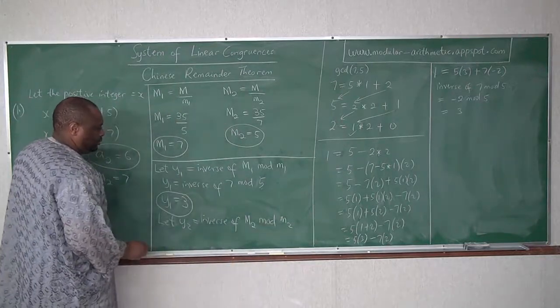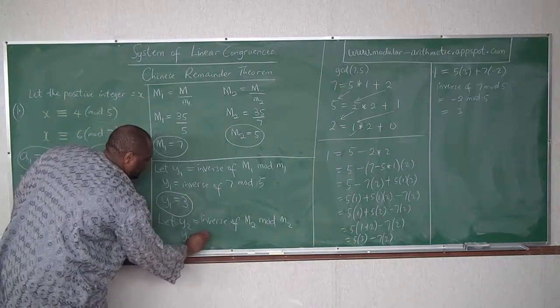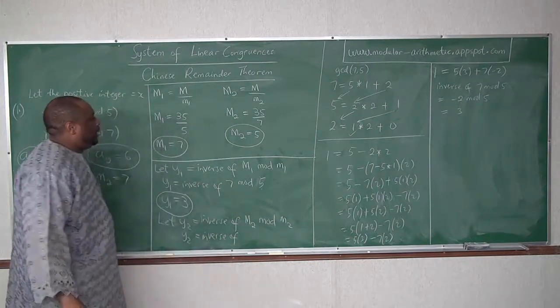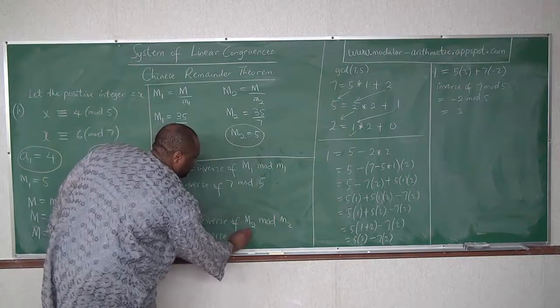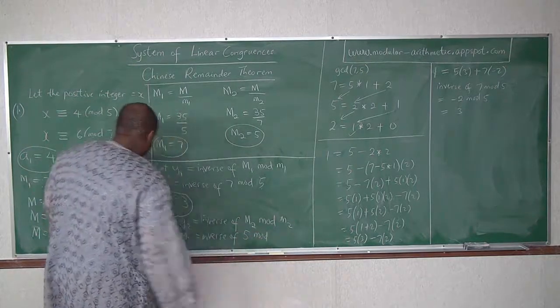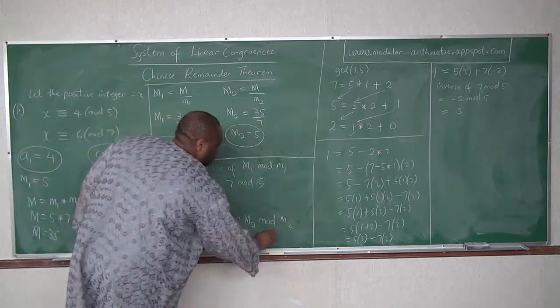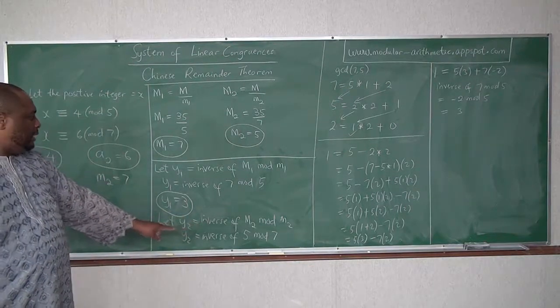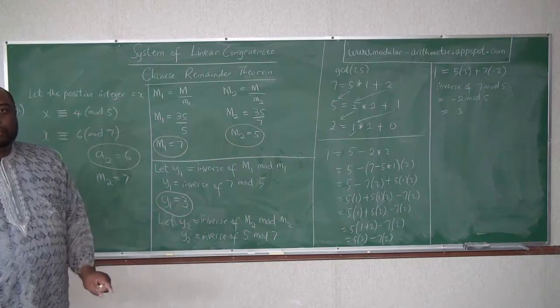So y2 is the inverse of 5 mod 7. Inverse of 5 mod 7. That is our y2.